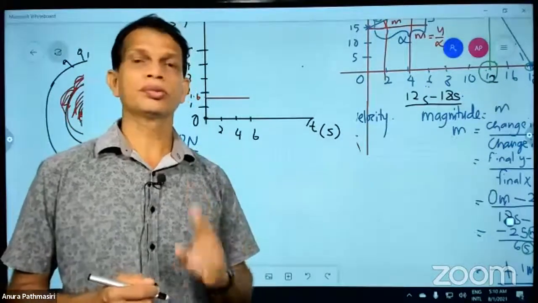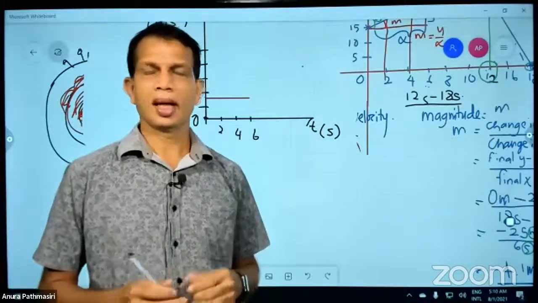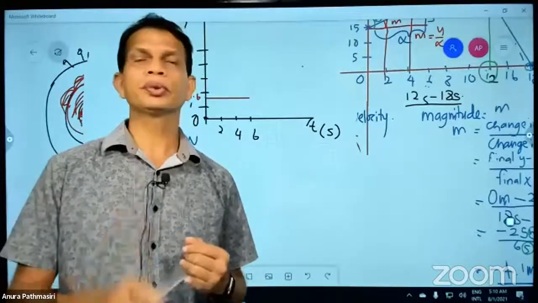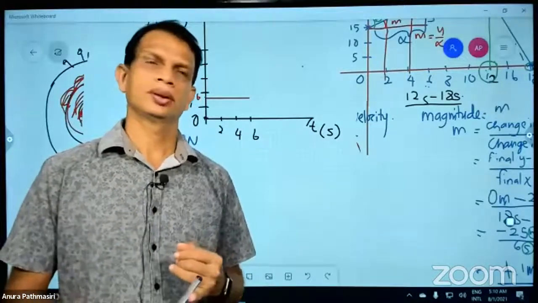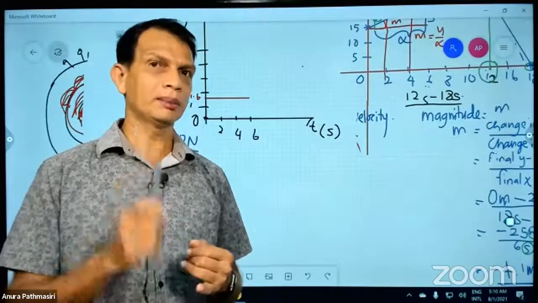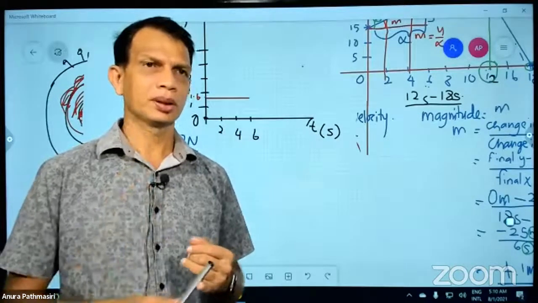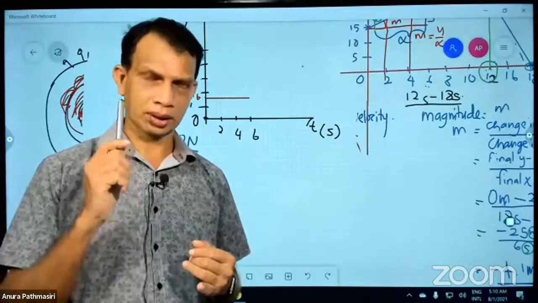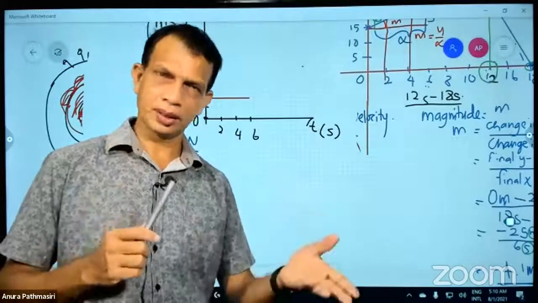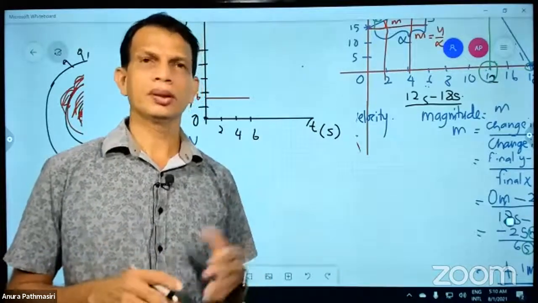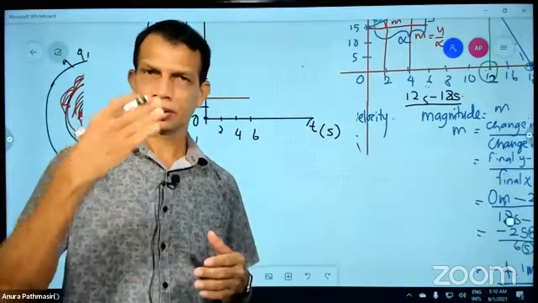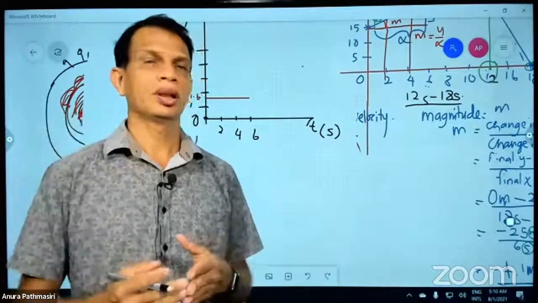Newton's first law of motion says that until an unbalanced force is applied, an object at rest stays at rest, and an object with uniform velocity keeps moving with the same velocity.